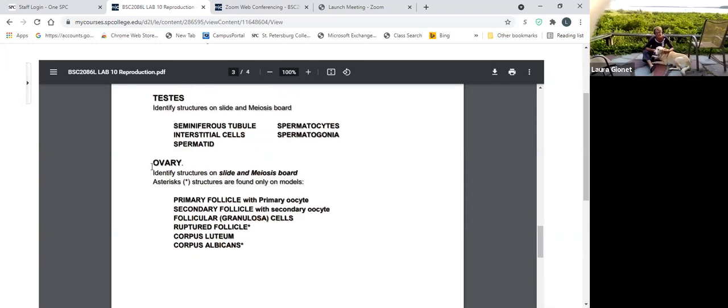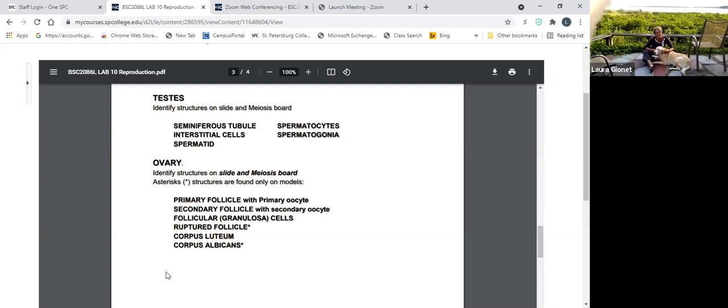The ovaries, we'll look at those, identifying structures on the slides and a meiosis board. So those are the larger cookie sheet models. And there is one big ovary. It's about 16 inches by 18 inches, a model of a great big ovary, and shows the different phases that the ovary goes through.